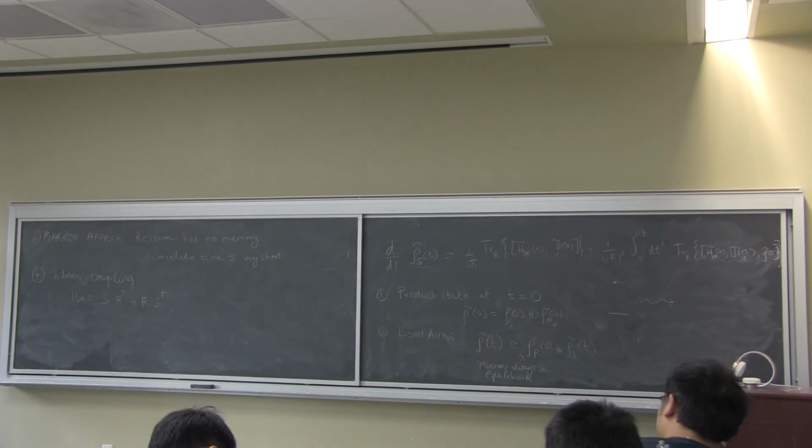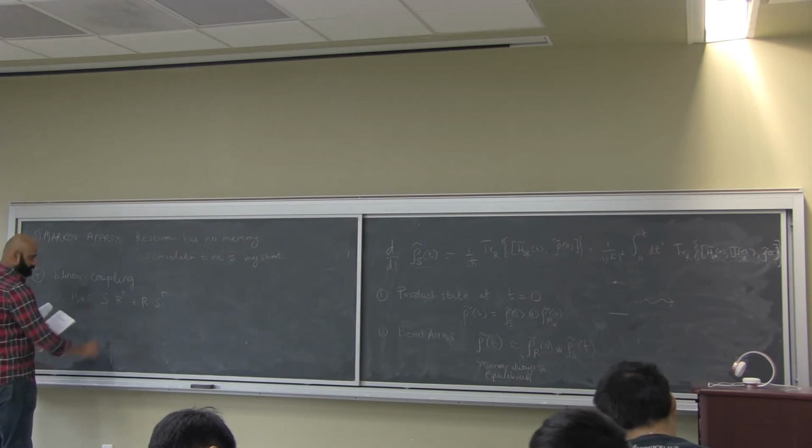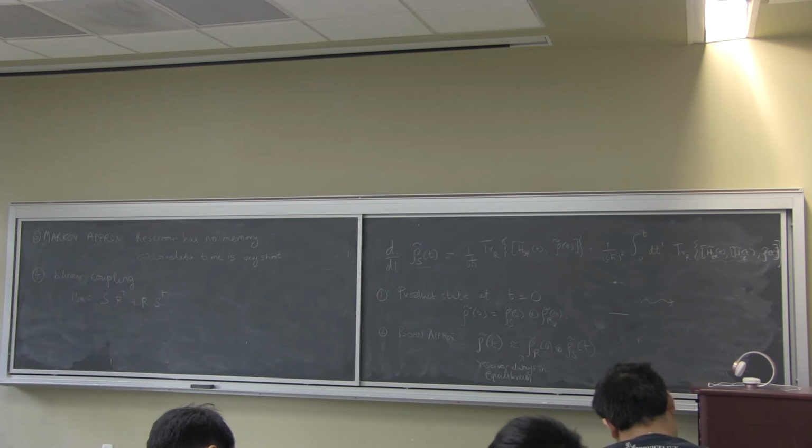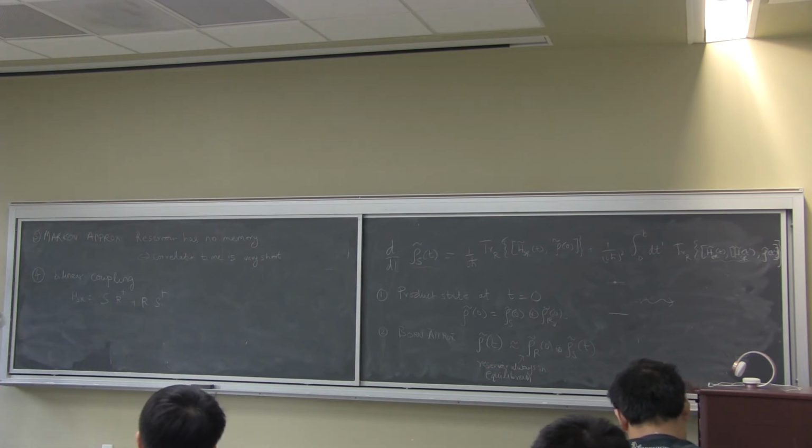S is a system operator that acts only on the system. R is a reservoir operator that acts only on the reservoir. And I'm saying that all of my coupling terms have this form, which are bilinear. So no quadratics are allowed in this particular version of the master equation, although there are generalizations for that also.